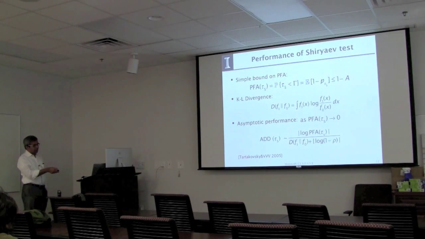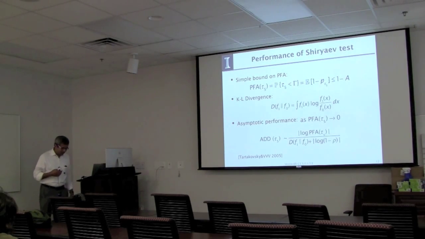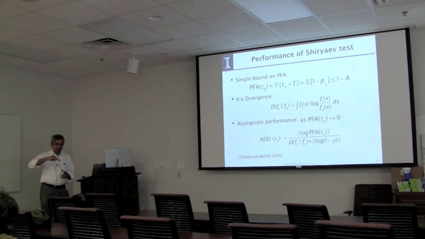And actually, the tools that you need to use to do this analysis come from the area of nonlinear renewal theory. And what's meant by nonlinear renewal theory is you're looking at a statistic crossing a threshold. So renewal theory actually talks about how to characterize overshoots when you have a random walk crossing a threshold.